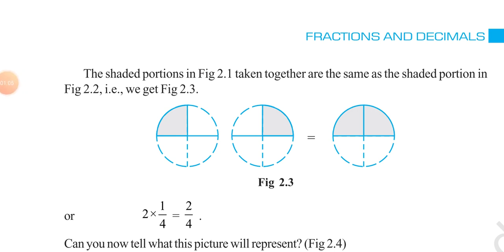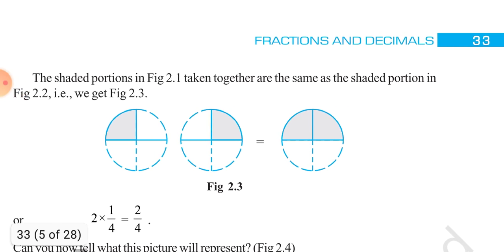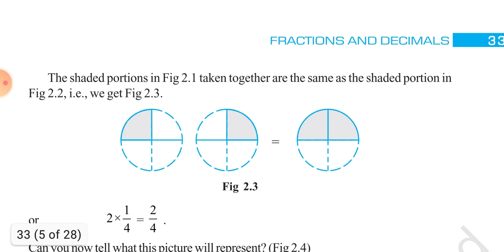Students, let us take an example of your book, page number 33. Here I have divided the circle in 4 equal parts. So each part of the circle represents 1/4 fraction of the whole circle.